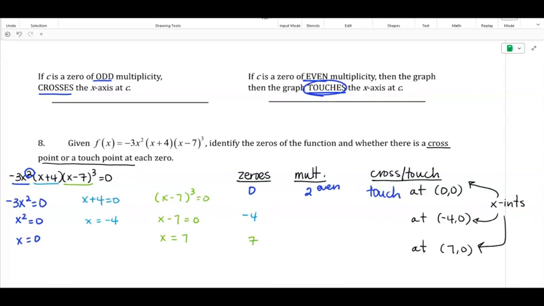When we look at -4, it came from the factor of x plus 4 that had an exponent of 1 on it. 1 is an odd number, and so the graph is going to cross the x-axis at the x-intercept of -4, 0. And when we look at the zero of 7, it came from a factor that had an exponent of 3, which is an odd number, and so the graph is going to cross the x-axis at the x-intercept of 7, 0.